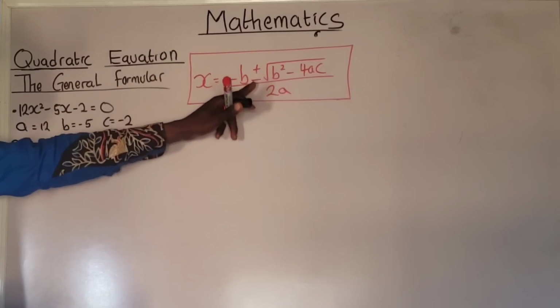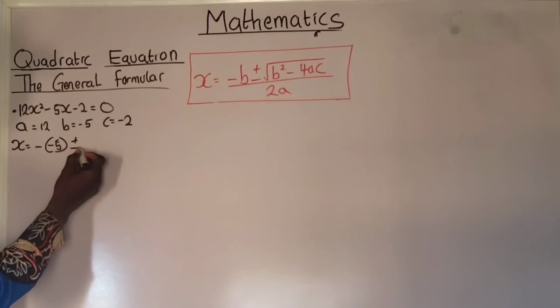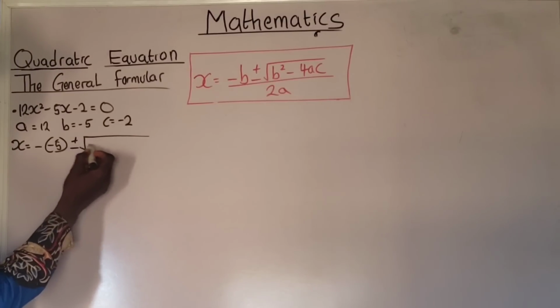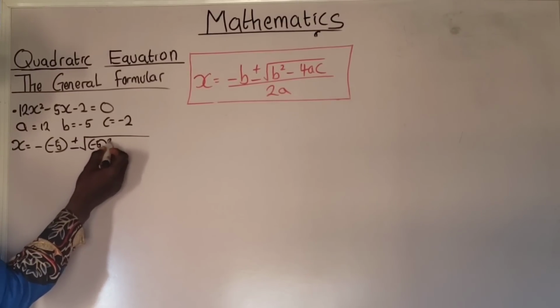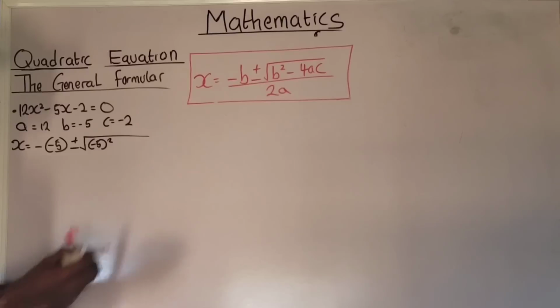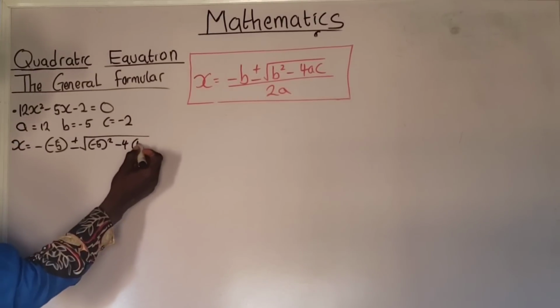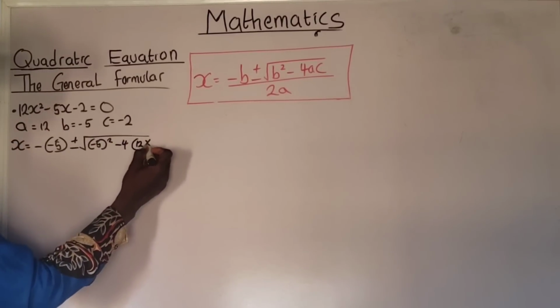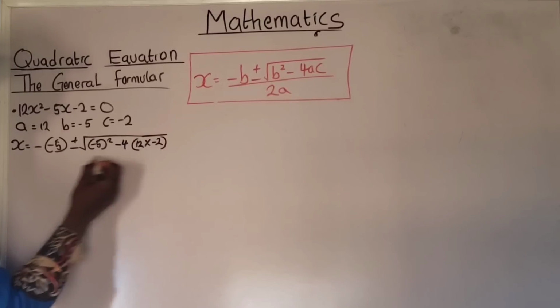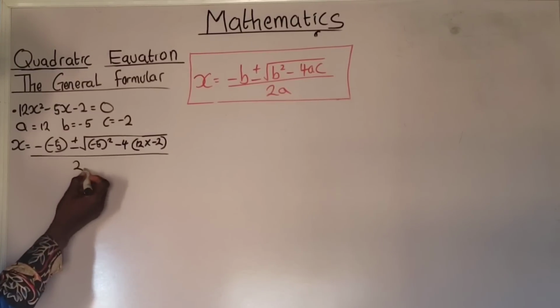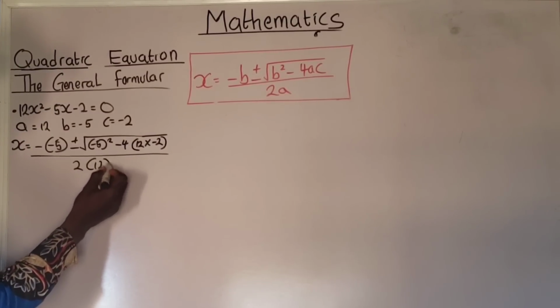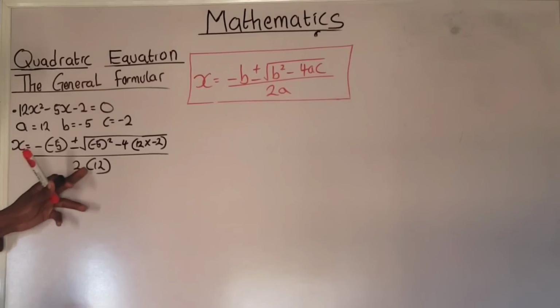Minus b plus or minus square root of b squared. Here I'm going to have minus 5 squared minus 4ac. A is 12 and c is what? Negative 2, multiplied by negative 2. You understand? Okay, all over 2a, all over 2 multiplied by a, which is 12. You understand? So I have 2 multiplied by 12.